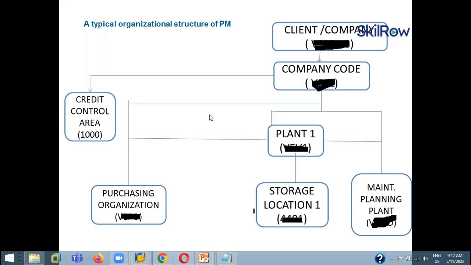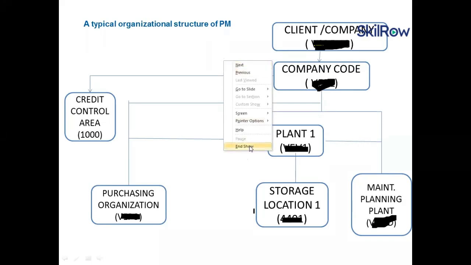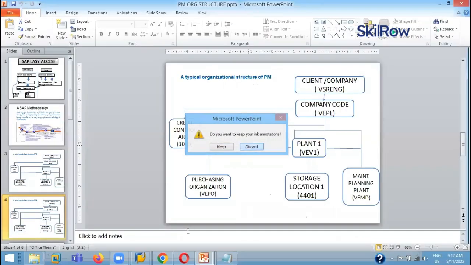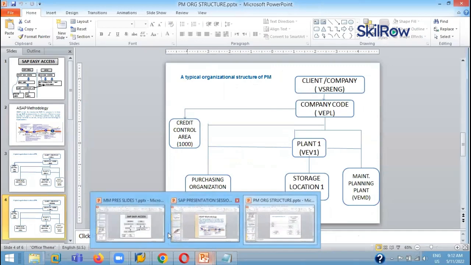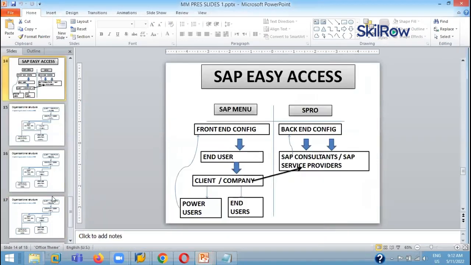So that is a company. Company will have a company code, so we'll discuss that afterwards. Company and company code. Then I told you a company is a business entity. Correct? That's correct.